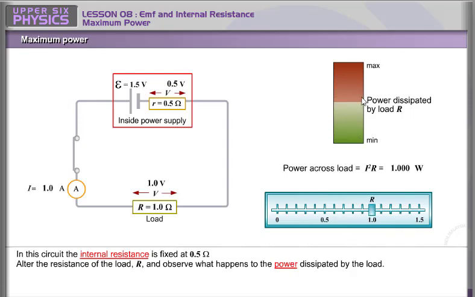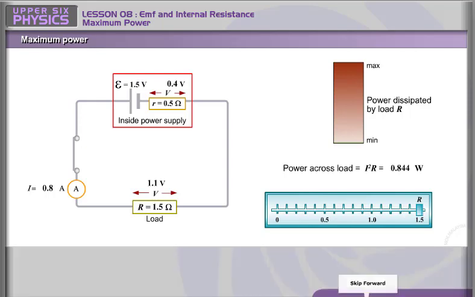Power dissipated becomes less, no longer maximum, although the resistance is more than 0.5. I increase some more, and when R equals 1.5, the power dissipated almost goes to 0, very little.